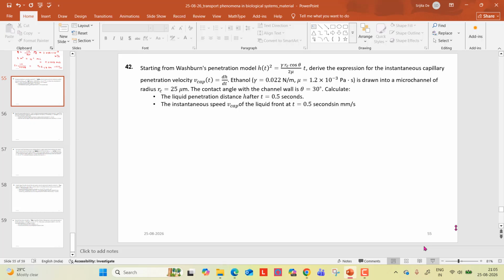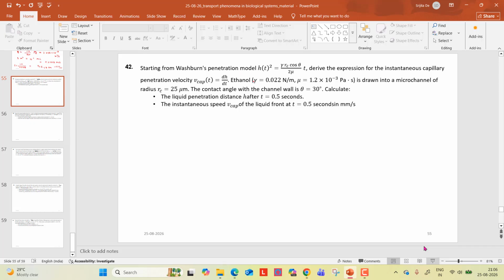Next. So starting from the Washburn's penetration model, derive the expression for the instantaneous capillary penetration velocity. So I'm telling what you need to do.